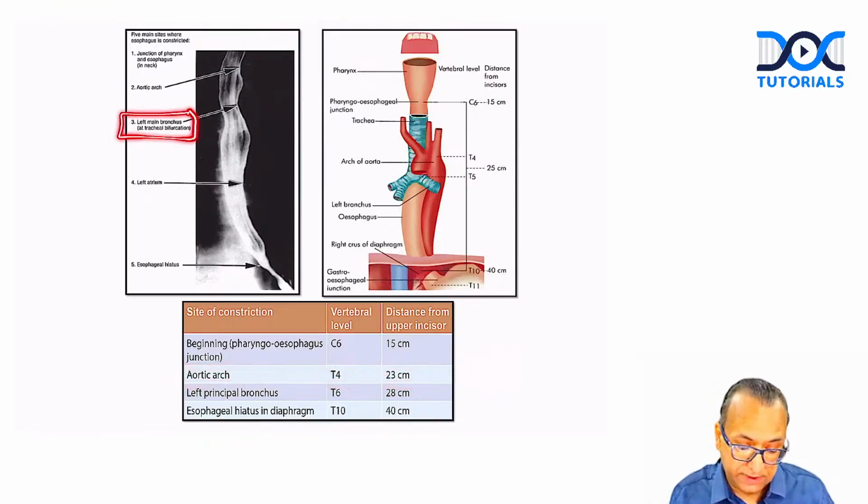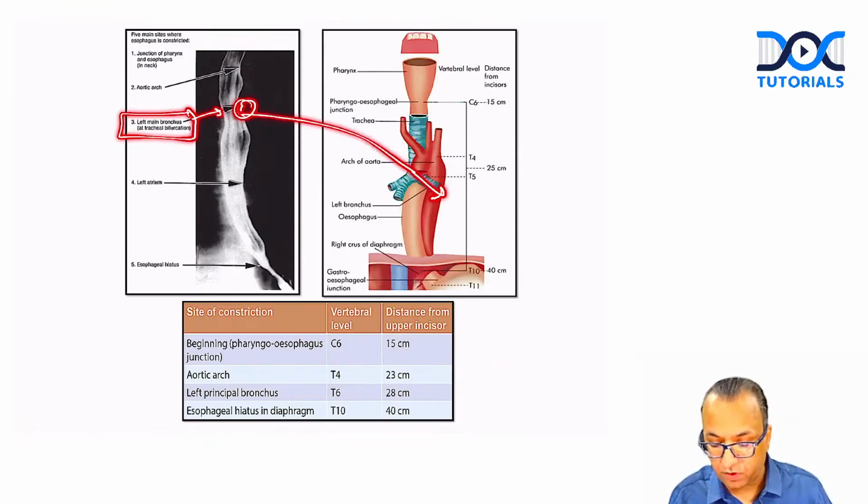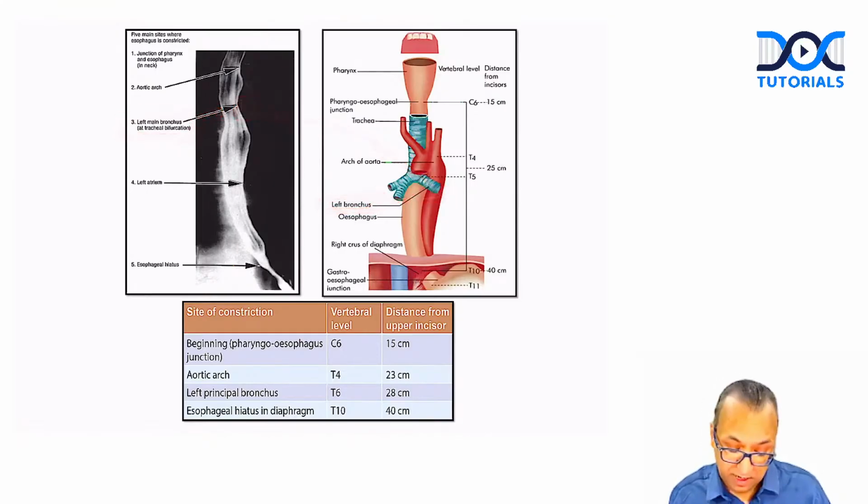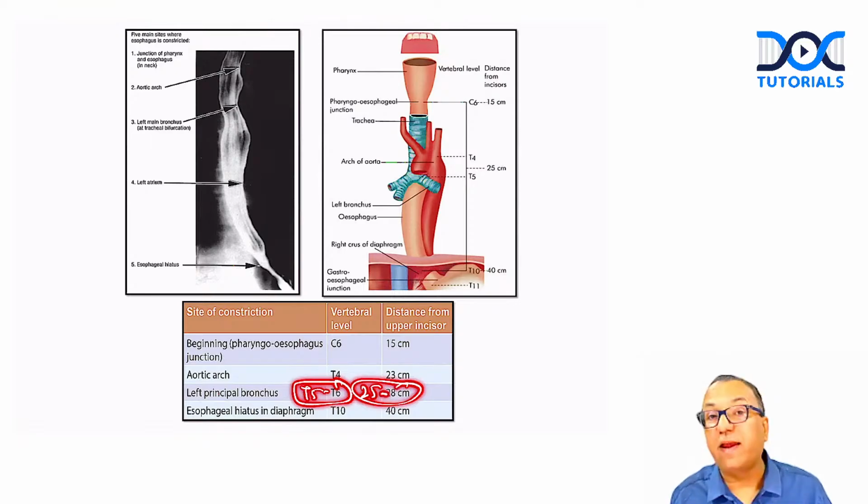Now, the third is the left principal bronchus compressing the esophagus posteriorly. Left principal bronchus, T5 to T6. Remember, it is T5 to T6 and it is 25 to 28 centimeter. I'm modifying Gray's anatomy here. Why? Because surgery books are writing like that.